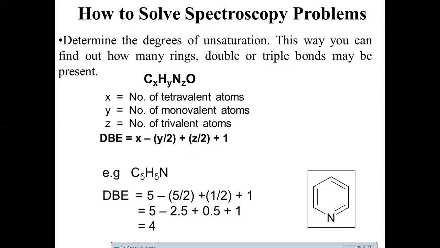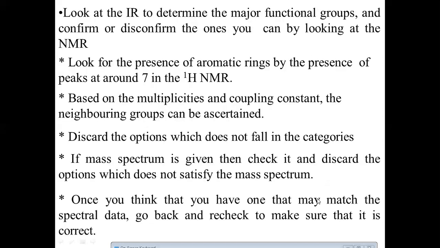For this particular formula, here x is 5, y is 5, and z is 1. When you substitute here, you get a value of 4. That means you can have either 4 double bonds, or 2 triple bonds, or a ring with 3 double bonds. And this molecule is nothing but pyridine. When you look here, you have a ring and 3 double bonds.